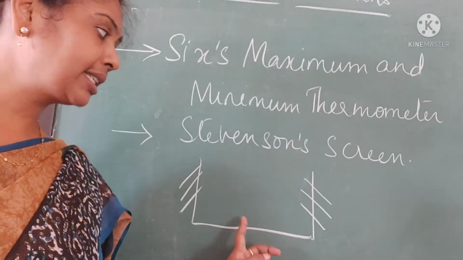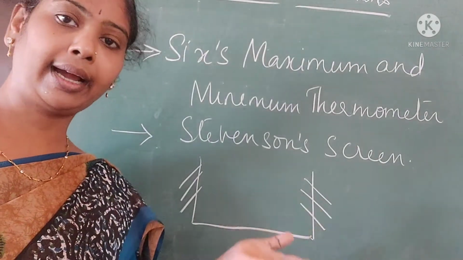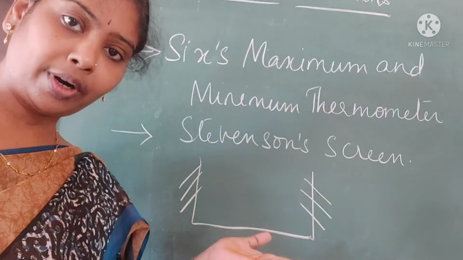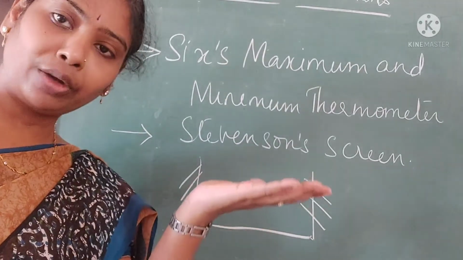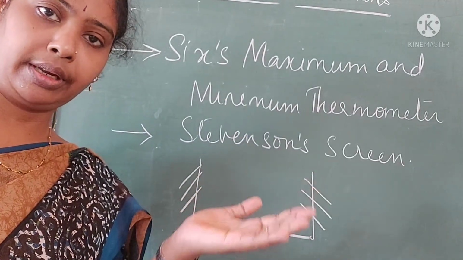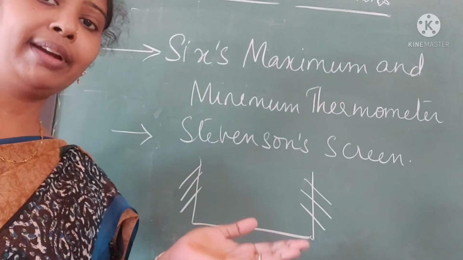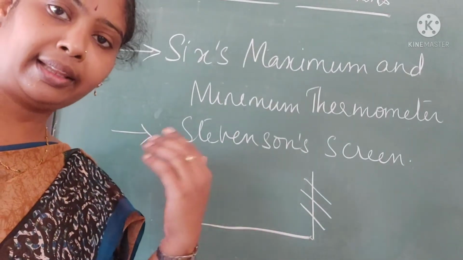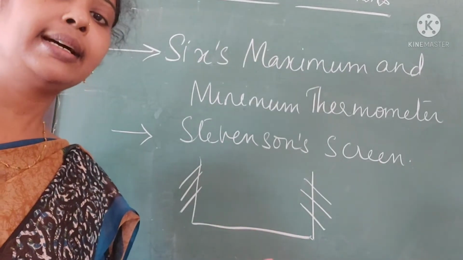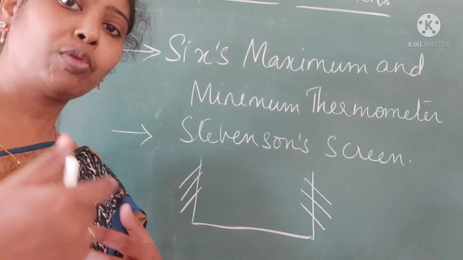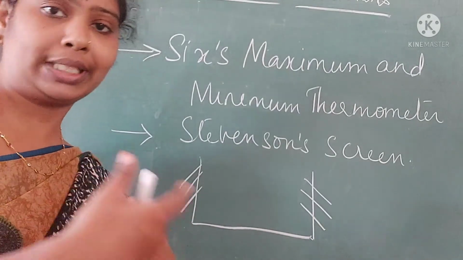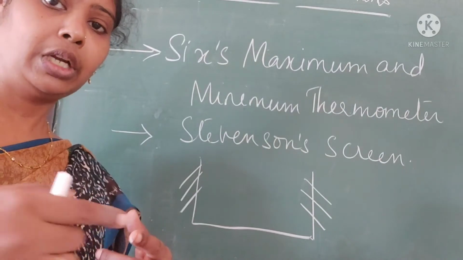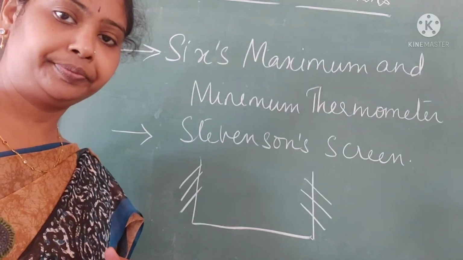Normally this Stephenson's screen is kept at a height of 1.5 meters above the ground. And nowadays there is another instrument known as a thermograph, which is used for continuous recording of temperature.